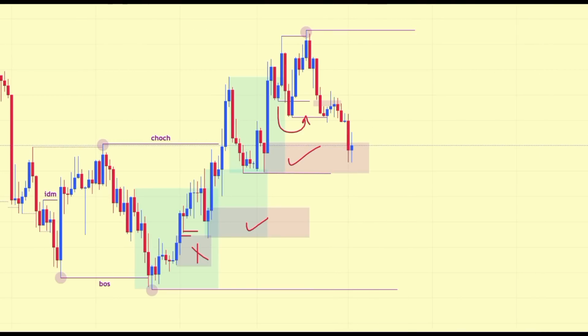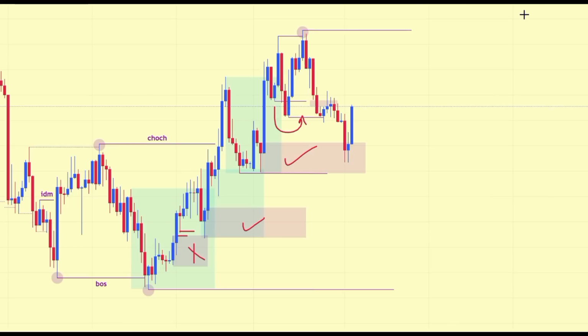Price has mitigated the decisional and is actually giving a bullish momentum. So if this candle closes bullish, then I will take this trade. You can clearly see as price was heading towards the decisional, this here is a very strong selling candle, signifying that the sellers were dominating, and then an indecision candle showing that the selling momentum and the buying momentum are neutral, and then now the buying candle with a good bullish momentum, signifying that the buyers are now dominating.